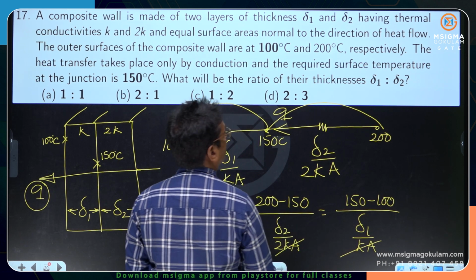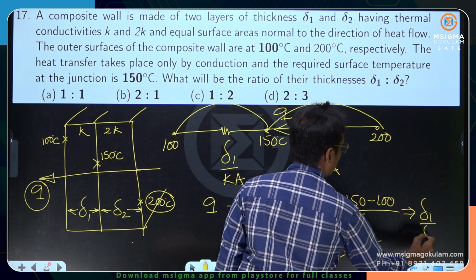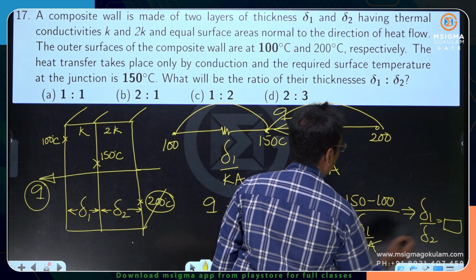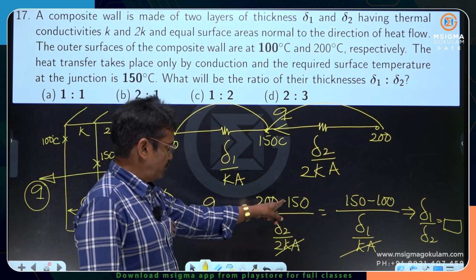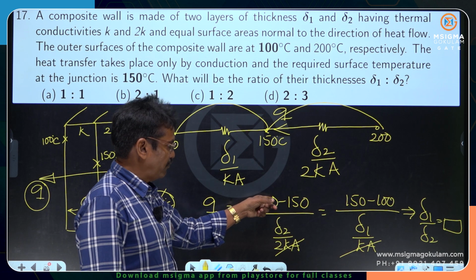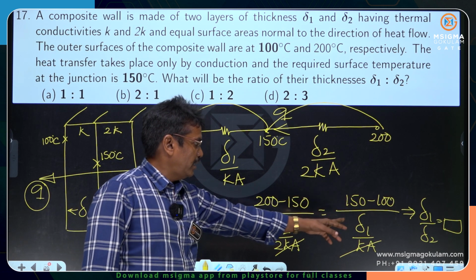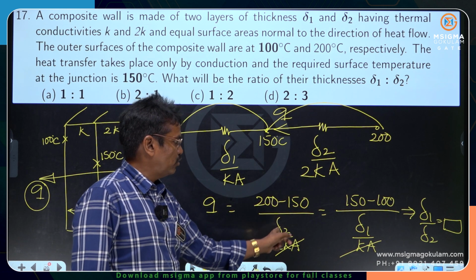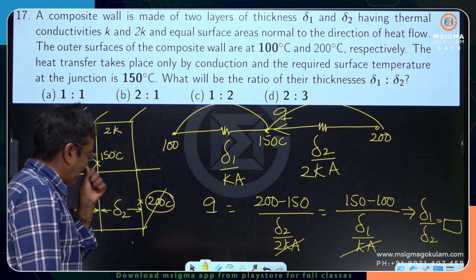From this, we can easily get delta 1 by delta 2. Very simple question. 200 minus 150 is 50, and the 2 will go, 2 into 50 is 100. So 100 is equal to 50. Delta 1 into 100 is equal to delta 2 into 50. You will get delta 1 by delta 2.